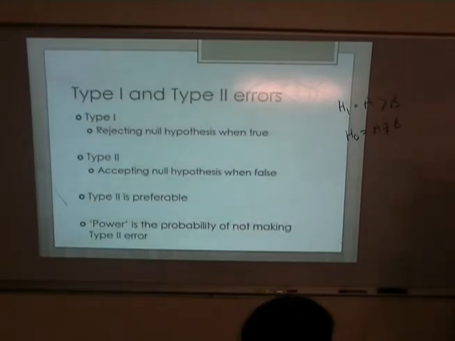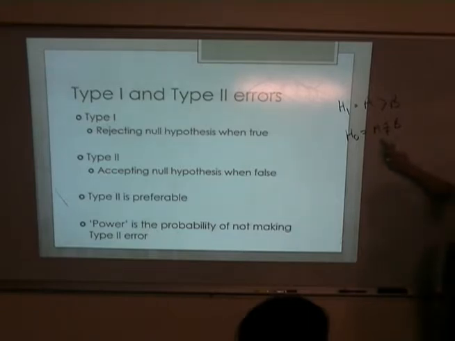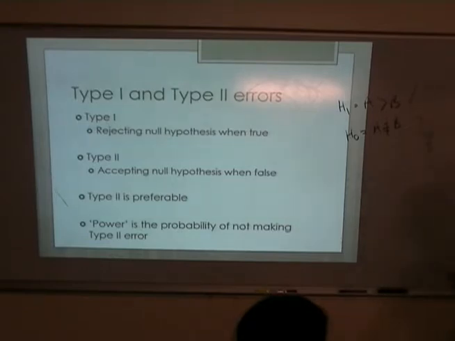A type 1 error means that I reject this idea and I accept my research hypothesis, but the null is true. Well, I'm going to publish that my research was right.